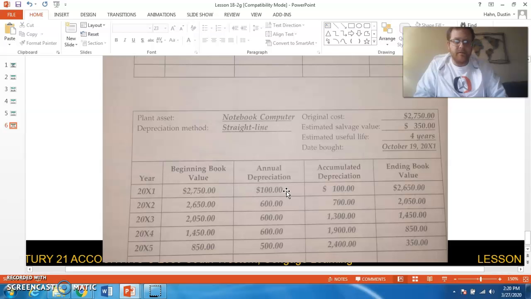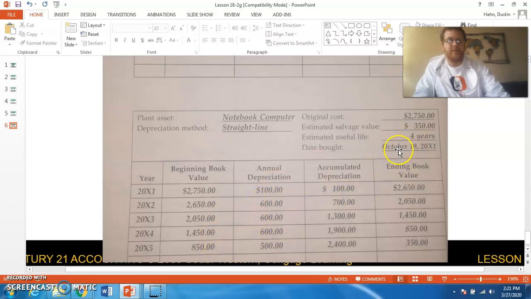So $2,750, which is our original cost right here, minus $350, and we come up with $2,400. Okay, so that's how much we are going to depreciate total. However, now we want to find how much the annual depreciation is, so we want to divide that by 4, which is our useful life. When I take $2,400 divided by 4, I come up with $600 right there.